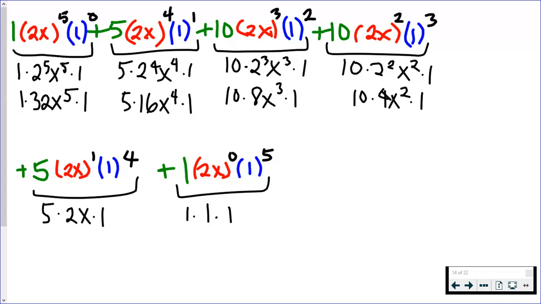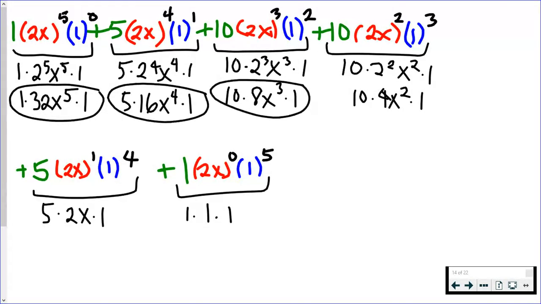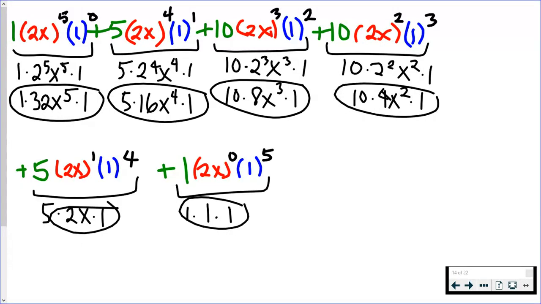So each of your terms, you need to multiply everything that I circle right here. Oh, my circles got messed up by the end. There, that's better.